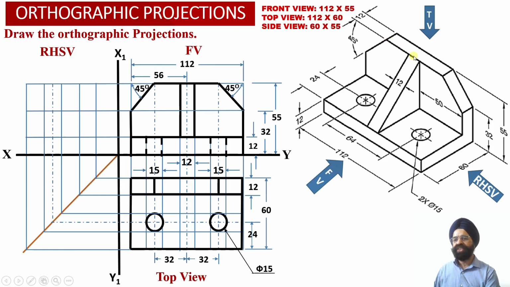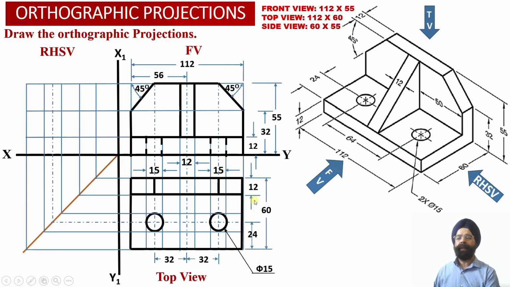Whereas this rectangular surface is located centrally on the top surface of this vertical web. And since it happens to be parallel to the horizontal plane, the top view projection corresponding to this flat surface will be the true shape projection, which will be projected onto the horizontal plane.